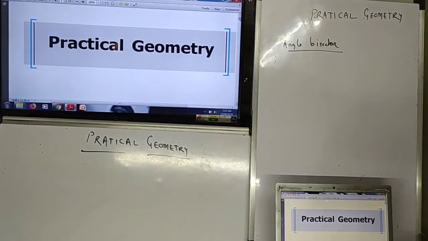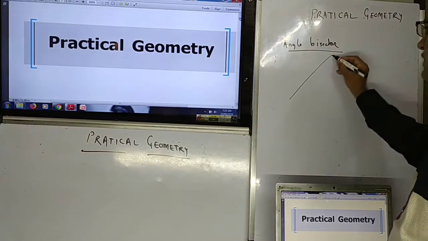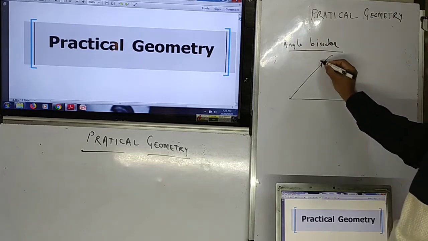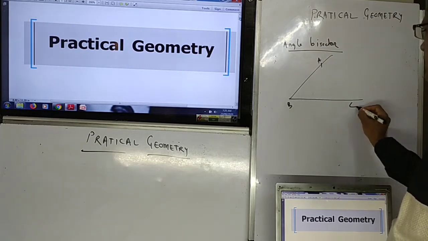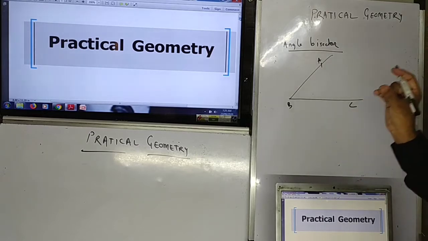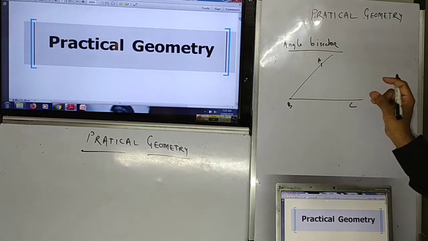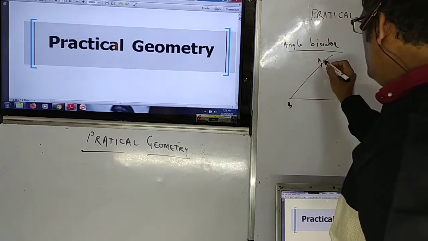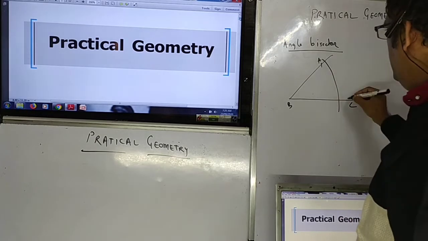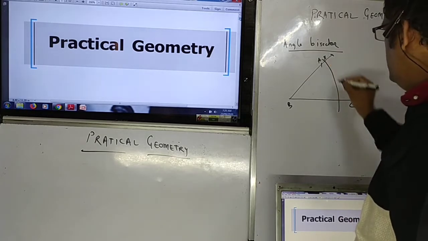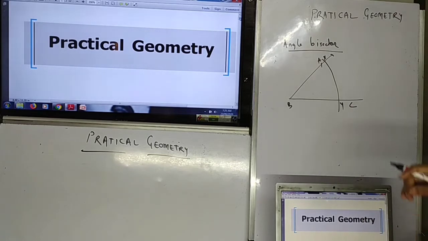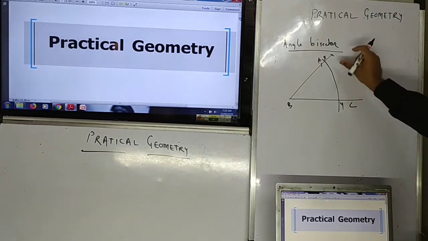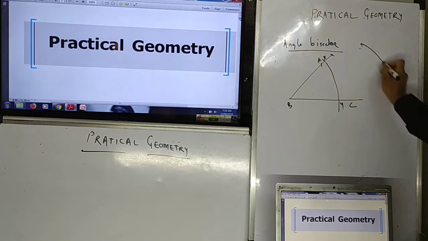Now let us find how to construct the angle bisector. Let us take any angle, say ABC. Now put sufficient length in the rounder, put the metallic end at B and draw one arc intersecting these two sides at, say, X and Y. Now put the metallic end of the rounder at X and draw one arc, and from Y draw another arc.